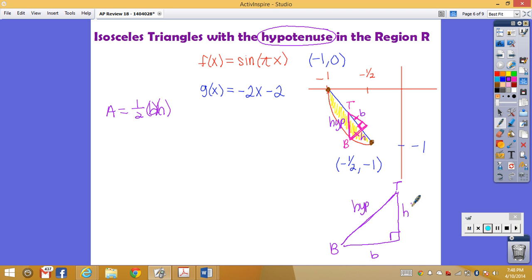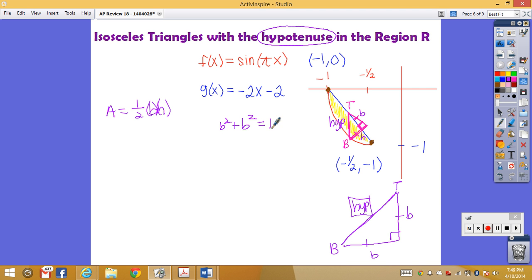Okay? So if I can just rename the base or the height, either one because they're exactly the same, let's call it B and let's call this B because it's an isosceles right triangle. If I can rename that in terms of the hypotenuse, then I'll be able to find the area. So what do I mean by that? Remember we talked about this. Easiest way, just do the Pythagorean theorem.